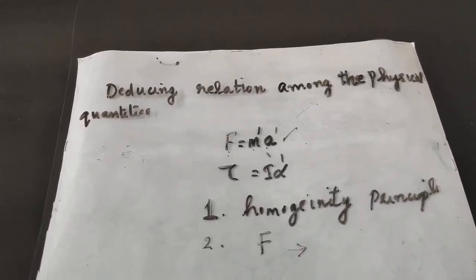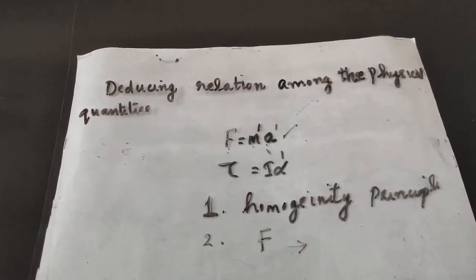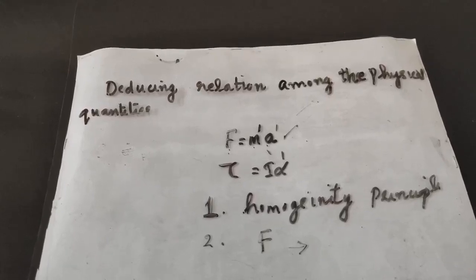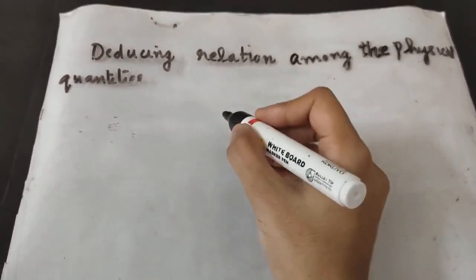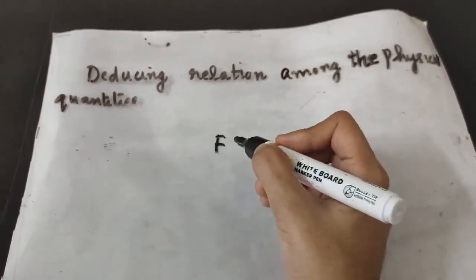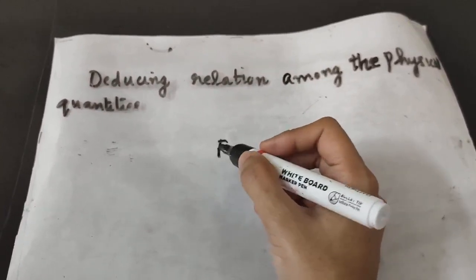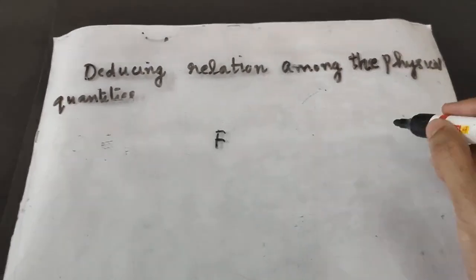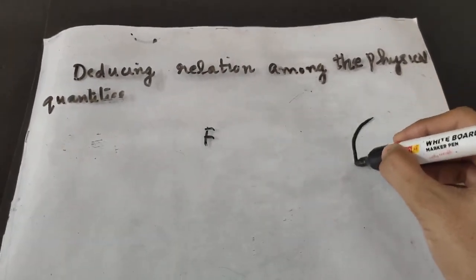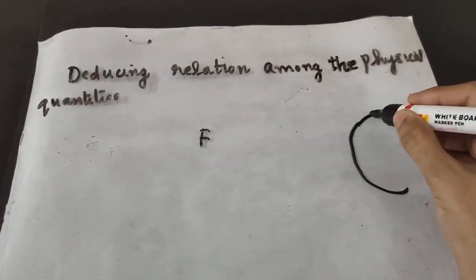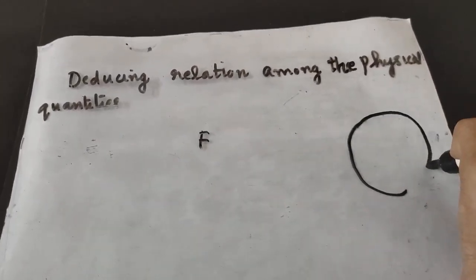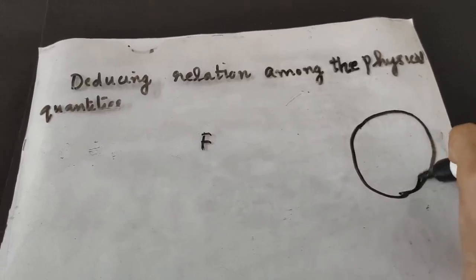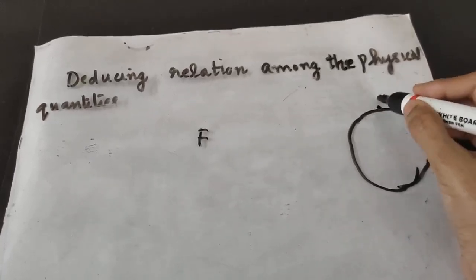Here let us try to find an equation for centripetal force. In order to find an equation for centripetal force F, we must know the factors on which it depends. Centripetal force means when a particle of mass m moves in a circular path, the force associated is known as centripetal force.